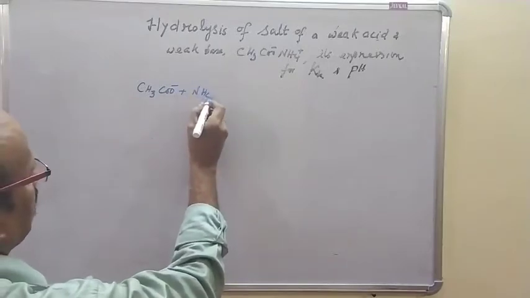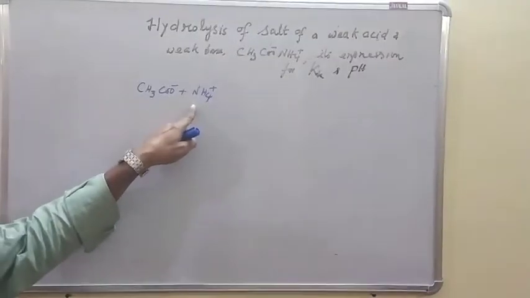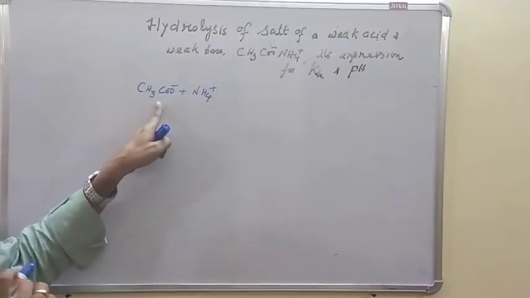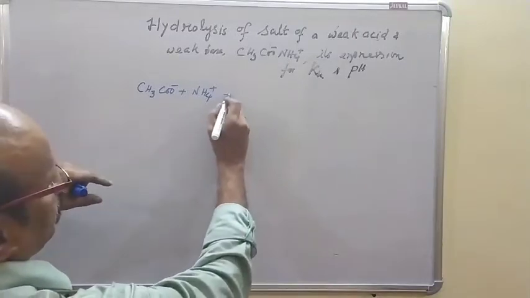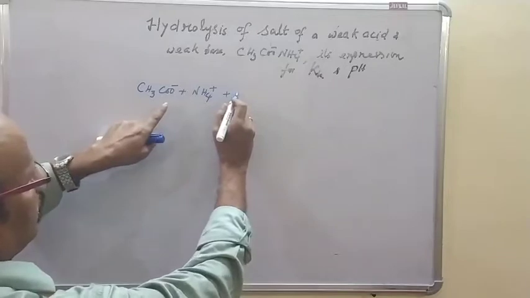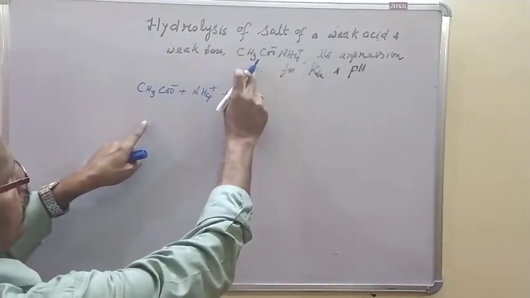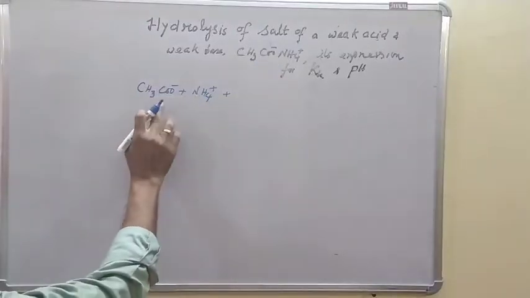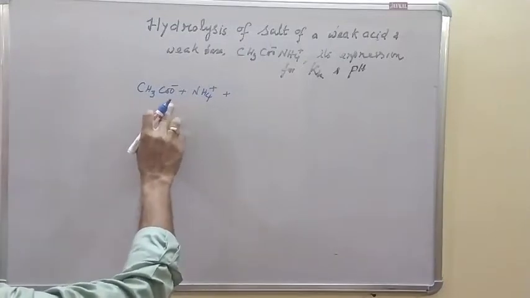Any salt can be conveniently represented like this, because these are two independent species, cation and anion. In the aqueous solution, we can always write it this way. There is no need to write in a combined manner. You can separate it like CH3COO minus and NH4 plus as separate entities.